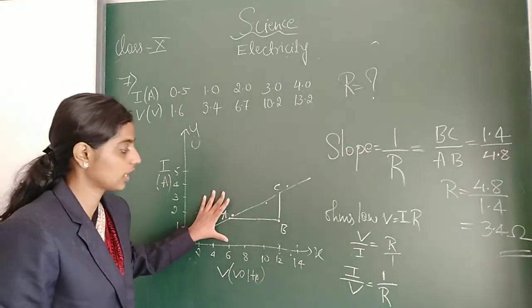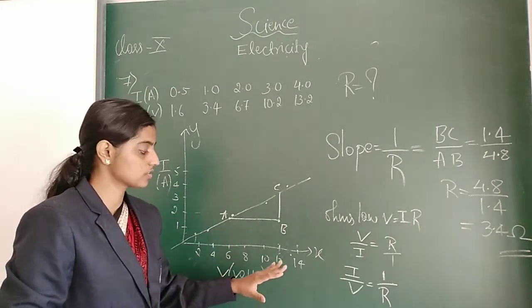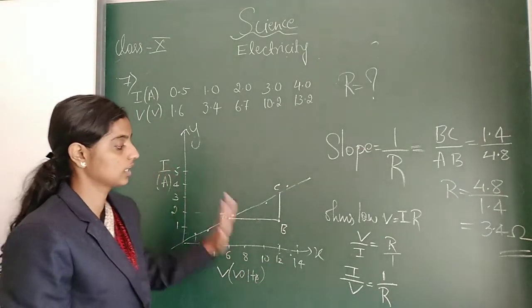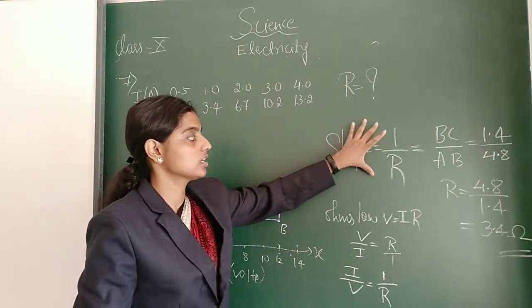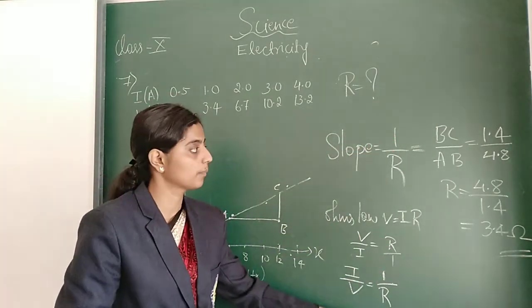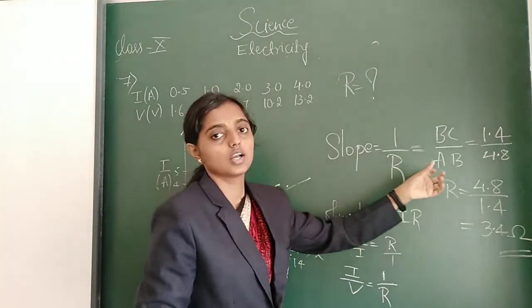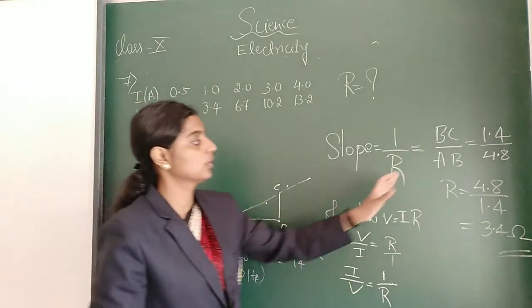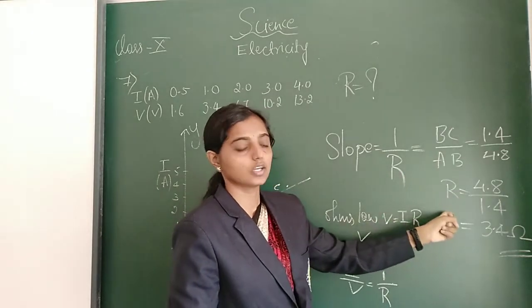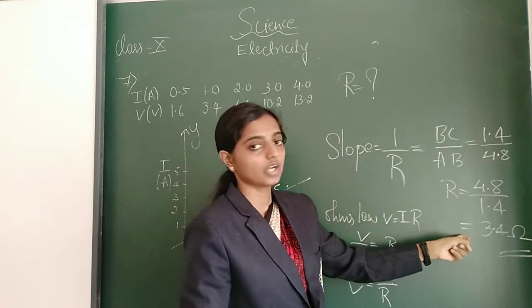First we need to plot the graph. Remember here we should concentrate on which one to take in x-axis and which one on y-axis. Later on, slope. To get the slope we should know what is the formula, and we derive it using Ohm's law. Later on, substituting the values of slope in the formula and then calculating, and remember here we need to take the reciprocal of R to calculate.